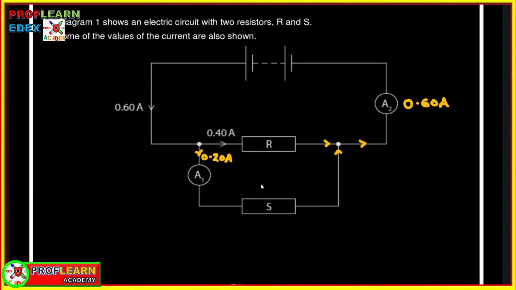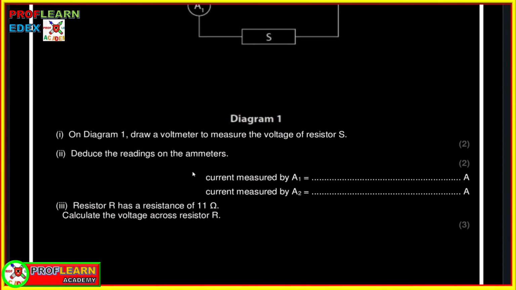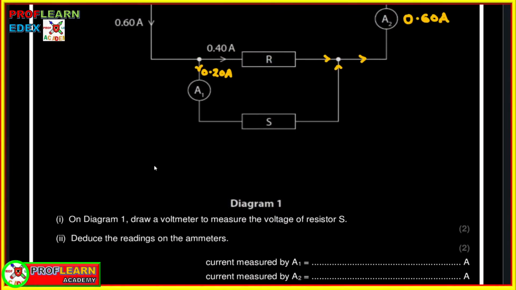Something else you need to remember is that the voltage drop here is the same, but the current is going to be different. Now let's see the question. On the diagram, draw the voltmeter to measure the voltage of resistor S. How can we connect a voltmeter to measure the voltage of resistor S?